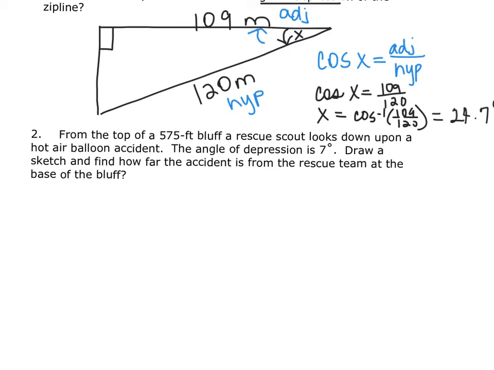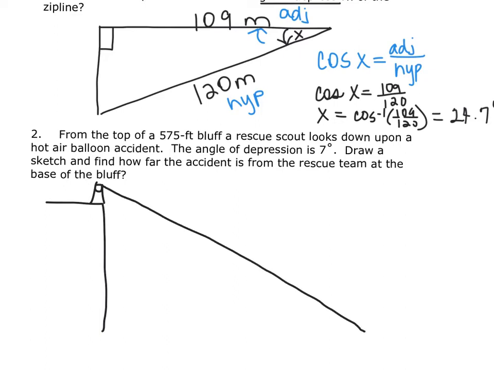Okay, so we have a person on a bluff, and they're looking down at a hot air balloon accident. That angle of depression is outside here, from the horizontal looking down. So that's 7 degrees.